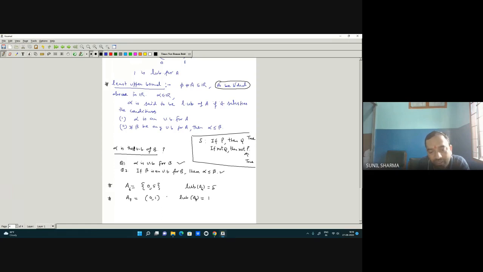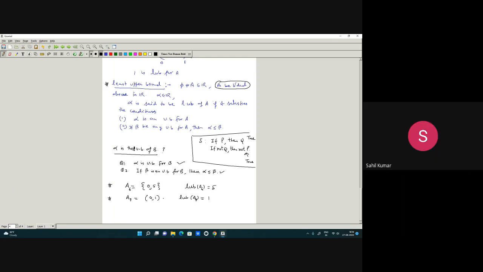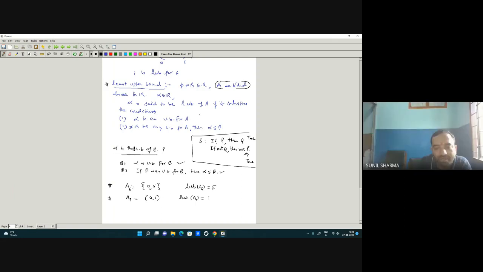If we take any upper bound beta for A, then we have to show that 1 is less than or equal to beta. We have to satisfy both conditions, first and second.